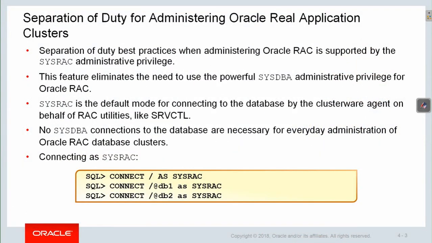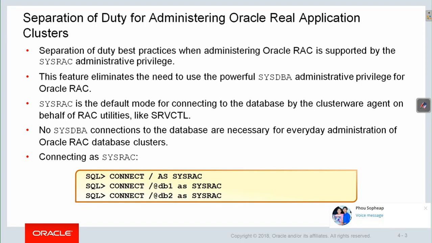In the very beginning, I added this information: separation of duty for administering Oracle Real Application Clusters. We have a new administrative privilege, SYSRAC. This feature eliminates the need to use the powerful SYSDBA administrative privilege for Oracle RAC.